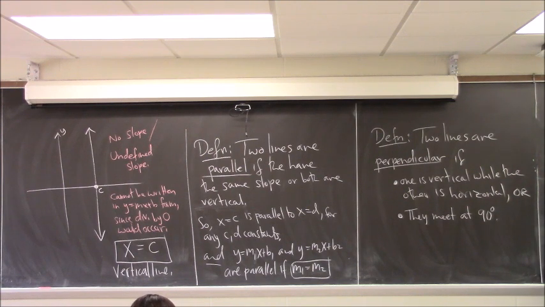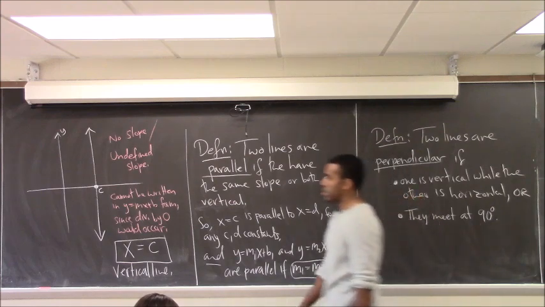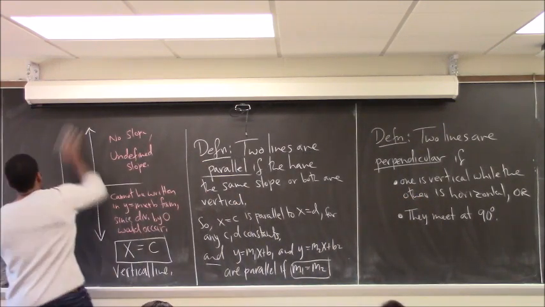Now, how do we know that two lines would meet at 90 degrees?